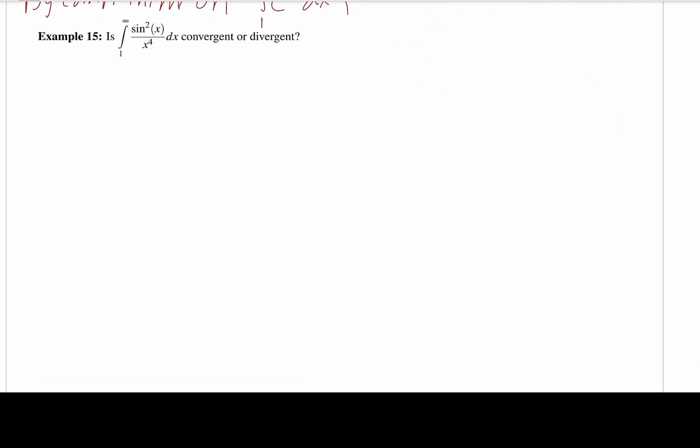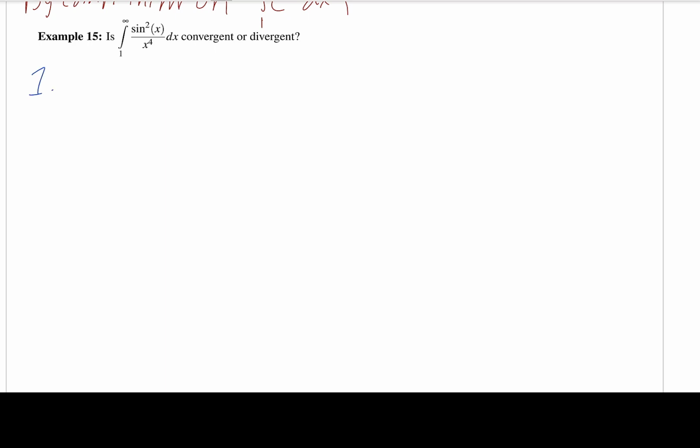So now I want to look at how to use the comparison theorem on trig functions. So we're good here with continuity. Sine of x is a continuous function, so squaring it, it's still continuous. We're not dividing by 0 because 0 isn't in the interval from 1 to infinity. And our a value is 1, which is greater than 0. So we've already satisfied a lot of stuff.